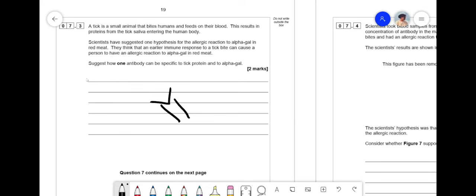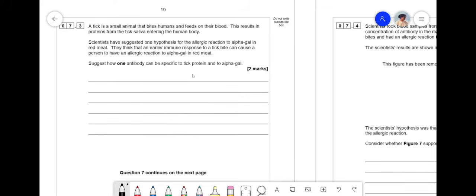So if alpha-gal proteins are shaped like this, and red meat has a similar shape like this, then if it's complementary to the antibody, the alpha-gal binds here, and then that other thing that I drew could also bind here as well. And that leads to the immune response, because they're similar in shape, so they're both complementary to the antibody.